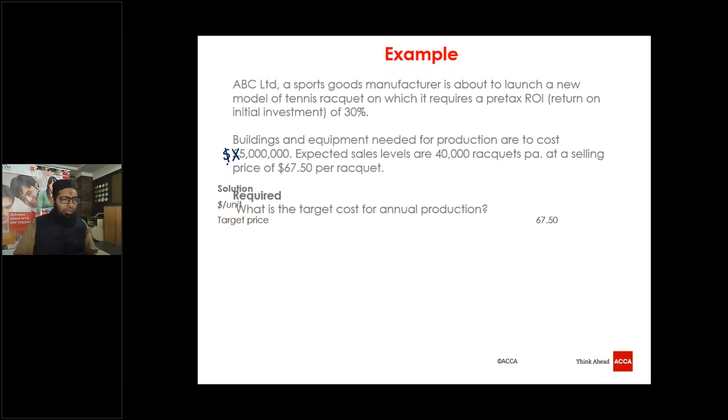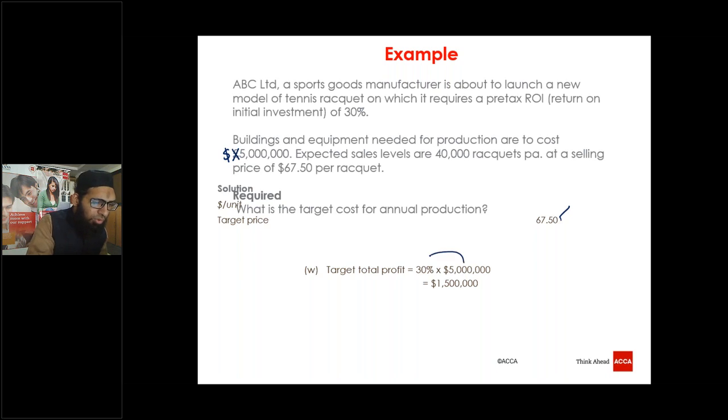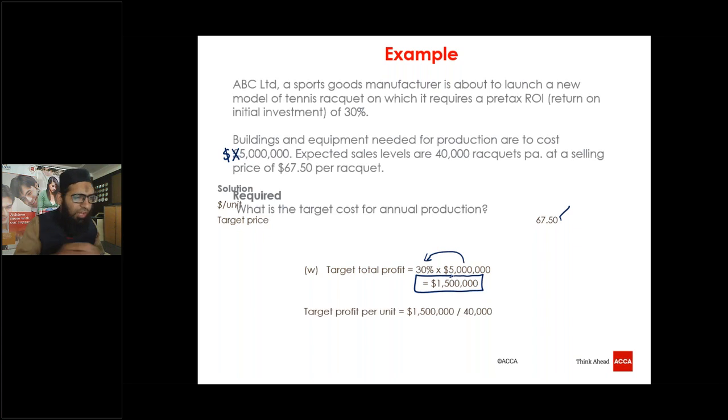So for my solution, my target price will be 67.5. Then I will identify the target profit. My target profit will be $5 million times 30%. Hence my target profit will be 1.5 million. But this is the profit for the whole year. Now in the whole year, I have to produce 40,000 units.